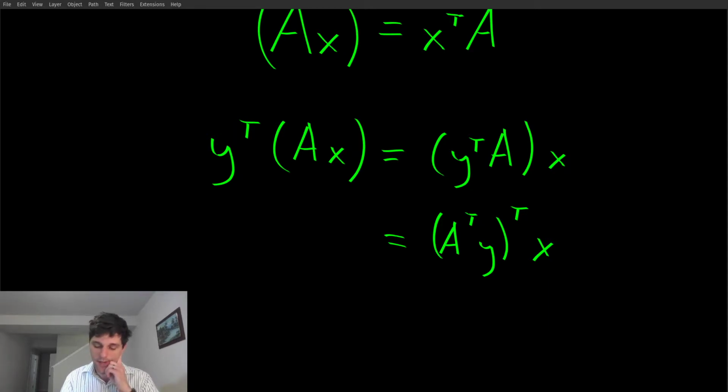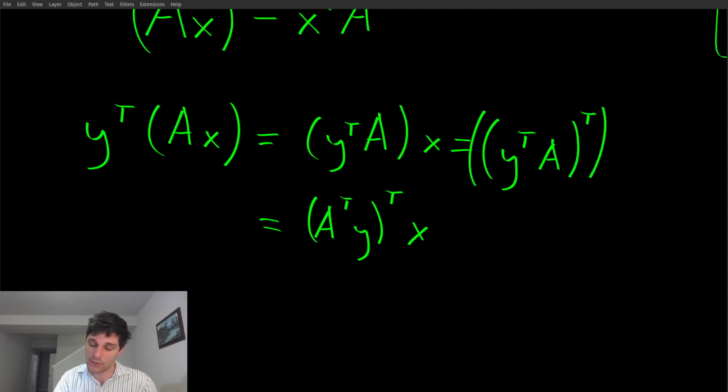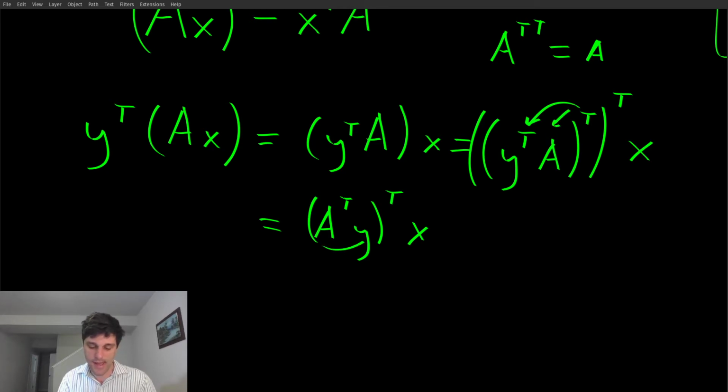This one's kind of weird because algebraically, what I have to do here is something like Y transpose A transpose X, because A transpose of something is just A. If you transpose it and then transpose it back, you get the same thing, right? And then I'm going to distribute this transpose into here to flip these around to get A transpose Y, and then I just have the outer transpose, and that's how I get that.